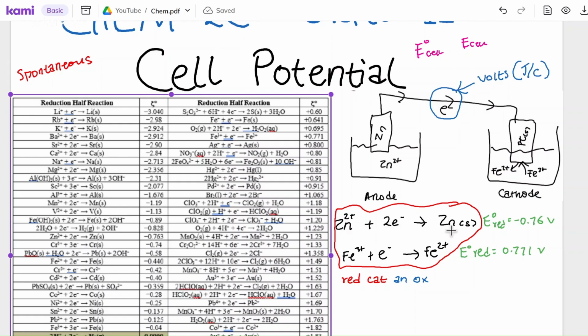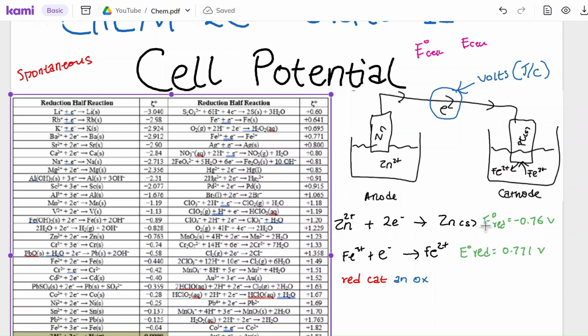So this is a half reaction, and this half reaction was measured. You don't have to measure it because someone out there already did. Probably some chemist from a while ago already measured it and found out the standard potential. Keep in mind, usually you're going to be given this standard potential. It could be an oxidation standard potential or a reduction standard potential, but usually it's going to be a reduction standard potential. That's why we labeled it right here as E cell reduction.